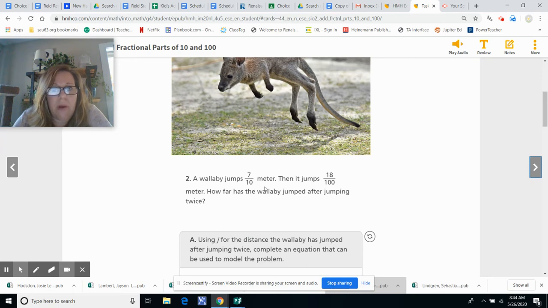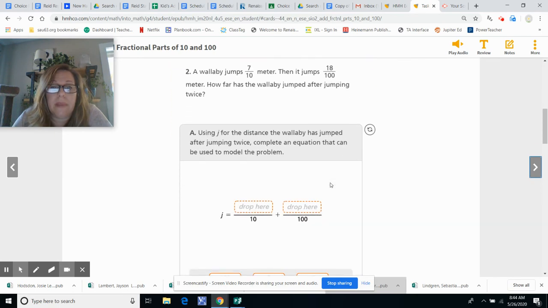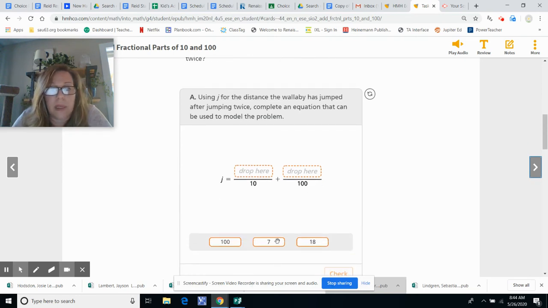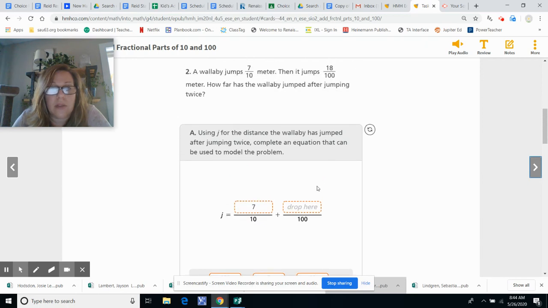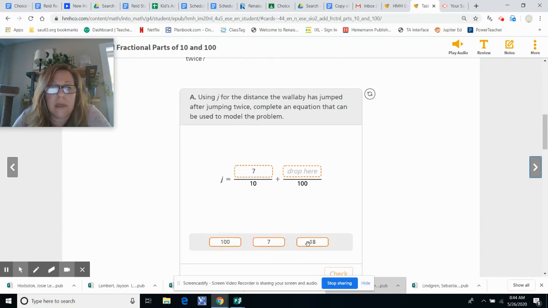Okay, so now look at the problem first of all, we do not have common denominators. So using J for the distance the wallaby has jumped after jumping twice, complete the equation that can be used to model the problem. So the first jump is 7/10, and then the next one is 18/100.